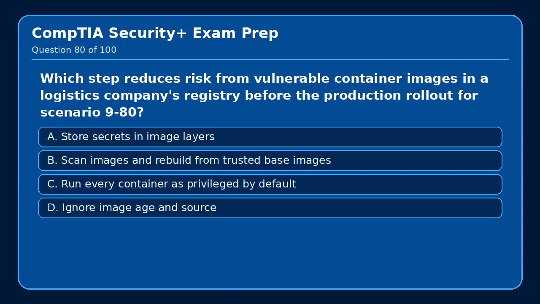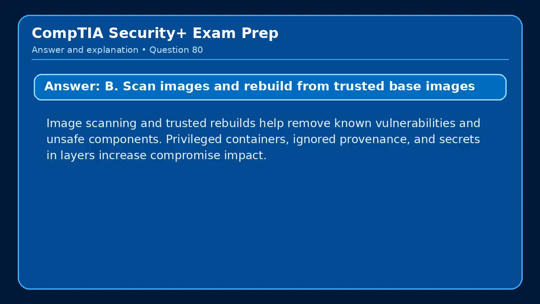D. Publish SSH private keys. Take a moment to choose your answer. The answer is C. Use a VPN or zero trust access broker with MFA. Controlled remote access with strong authentication reduces exposure of administrative services. Open admin ports, exposed keys, and disabled logs increase the chance and impact of compromise.